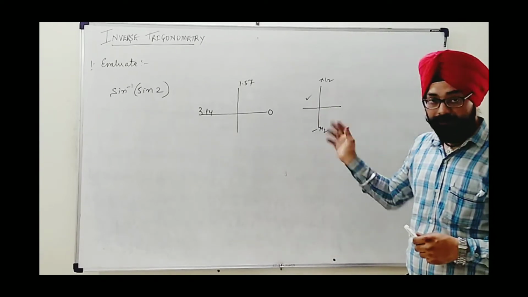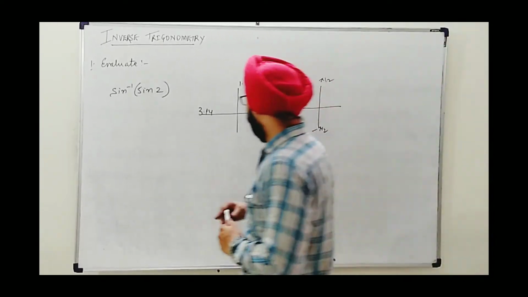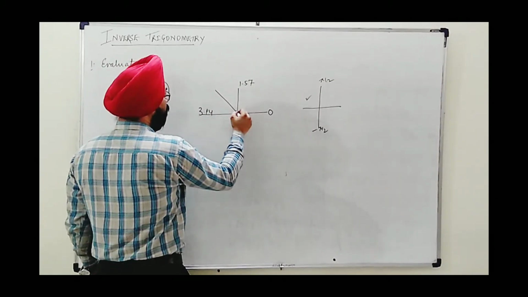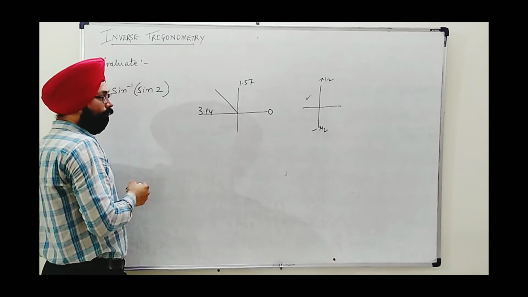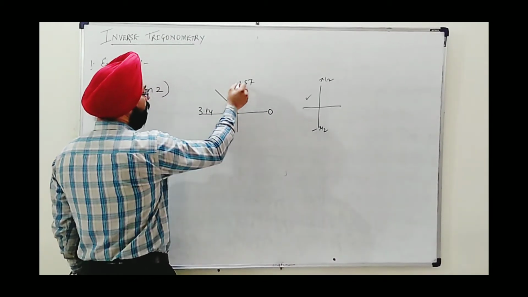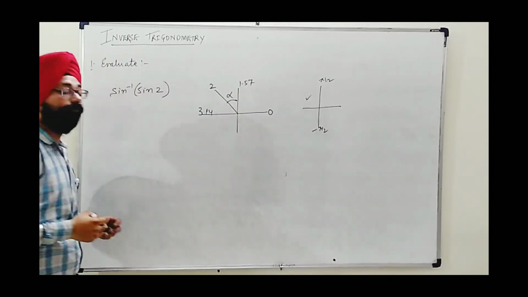Now the same method that we have done in the previous question we are going to apply. As we have come to know that 2 belongs to second quadrant, consider its position somewhere in second quadrant, taking the gap between 1.57 and this 2 as alpha.